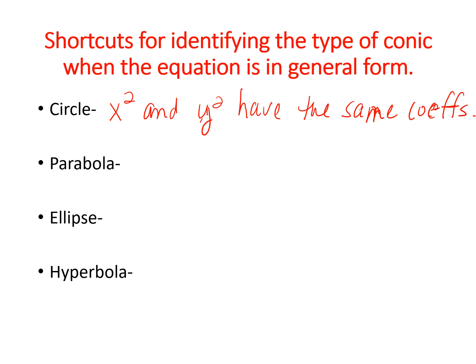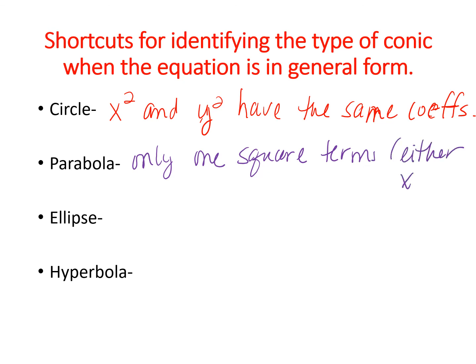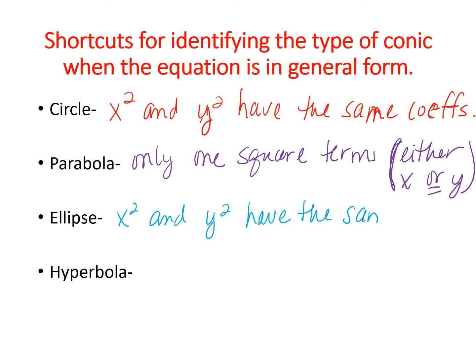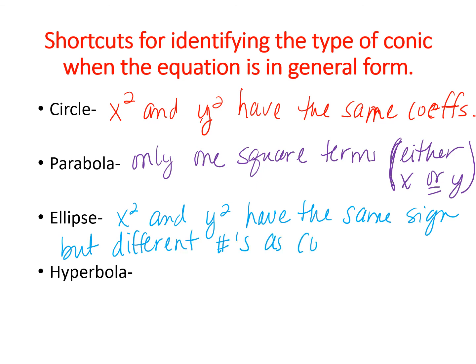A parabola is when you have only one square term. And it can be either the x or the y, but only one square term. For the ellipse, the x squared and y squared have the same sign, but different numbers as coefficients.